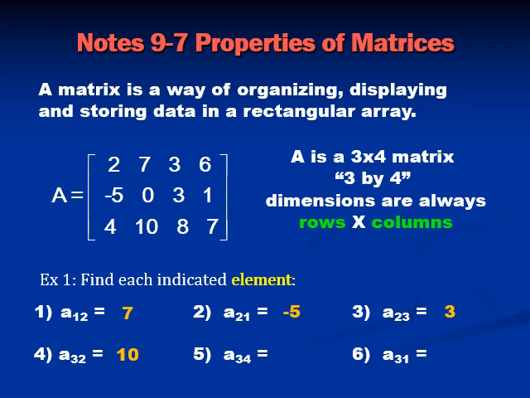What is a 3, 4? That should be the last thing there, 7. And then a sub 3, 1, that should be just a 4. So we can denote which element of the matrix we're referring to.